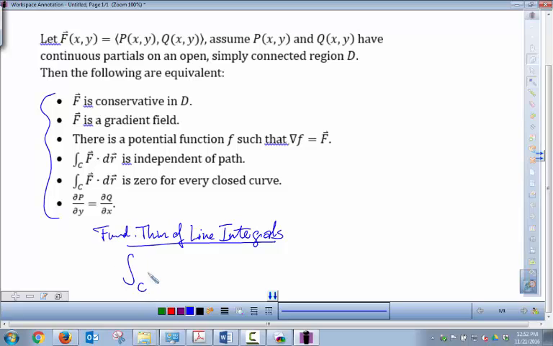So, line integral over a curve C. Now instead of just putting F like it's written usually, if F is a conservative field, then it can be represented as the gradient of some potential function. Remember that gradient is a vector, so we're going to dot it with the tangent component.